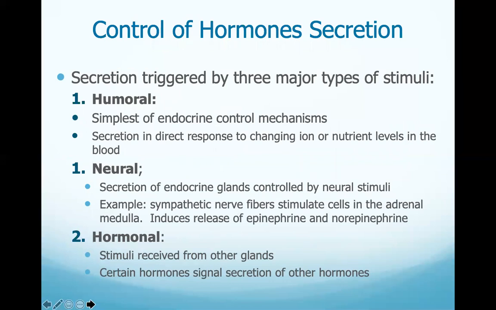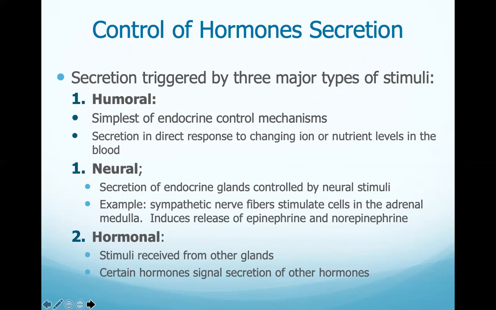Now, when we think about how your body actually knows when to release a hormone, we are thinking about three major mechanisms of stimulation. One of the main ones is known as humoral. Humoral is basically when a gland within your endocrine system is responsible for monitoring any changes, and when it notices that change happening, it can create a response to that.